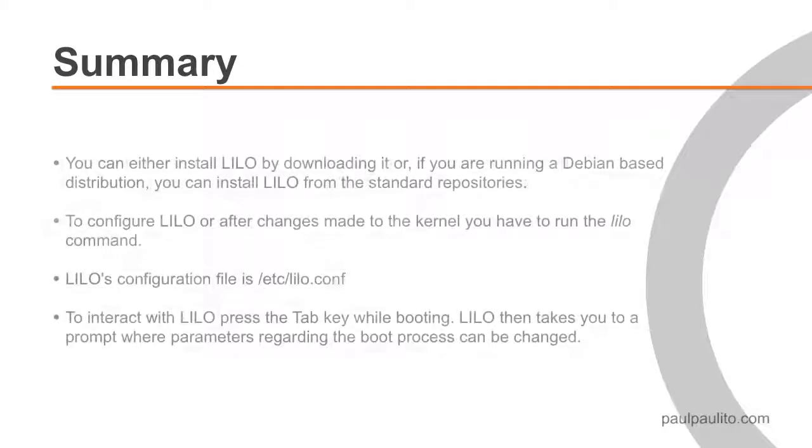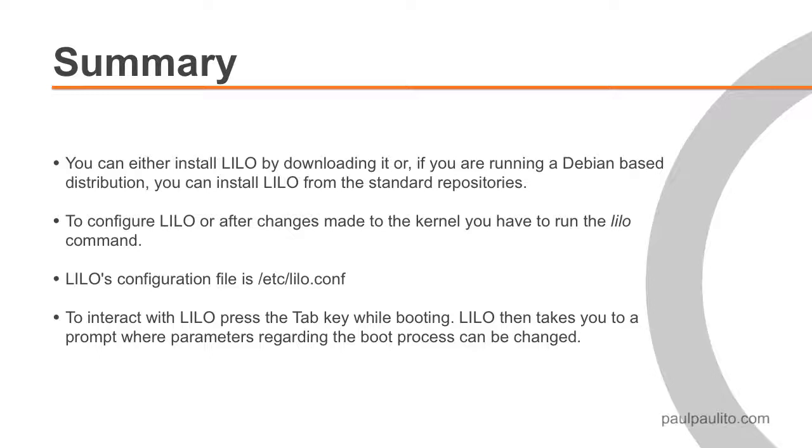Summary. You can either install Lilo by downloading it, or, if you are running a Debian-based distribution, you can install Lilo from the standard repositories. To configure Lilo, or after changes made to the kernel, you have to run the lilo command. Lilo's configuration file is /etc/lilo.conf.